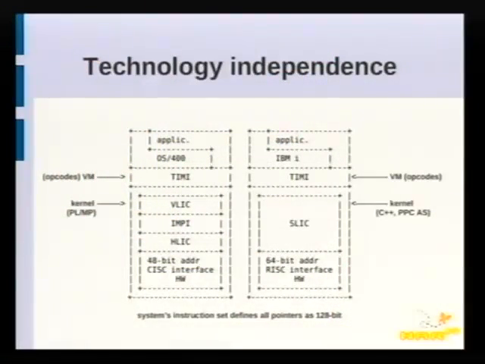So this is another view. You can see the IBM I runs above the machine interface, the virtual machine interface, and below that there is the kernel called the software licensed internal code. First it was written in PLMP, and they rewrote it because they wanted to do it in an object-oriented fashion.